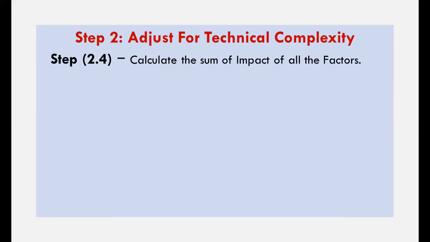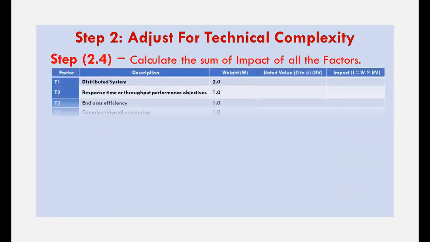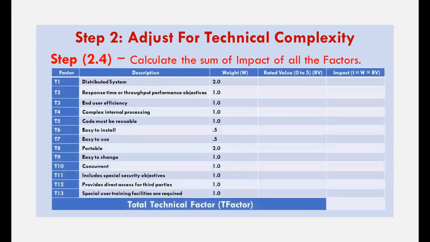So, this gives the total technical factor, TF factor, as given in the table. Here in this table, we can clearly see how we can calculate the total technical factor. The total technical factor is nothing but the sum of the impacts of all the factors.